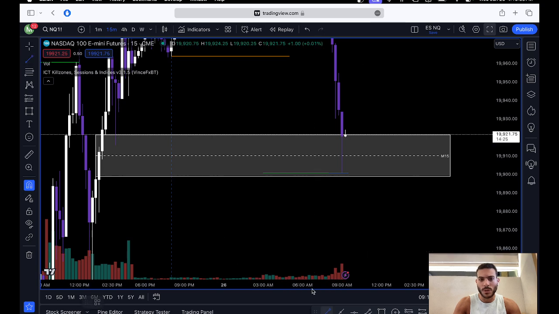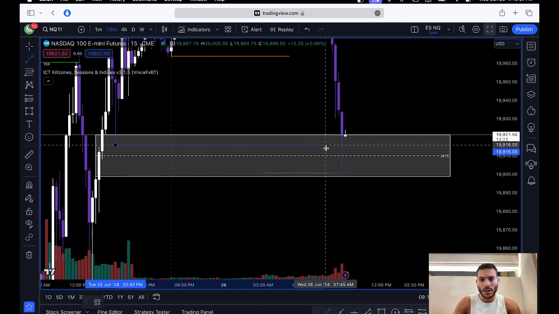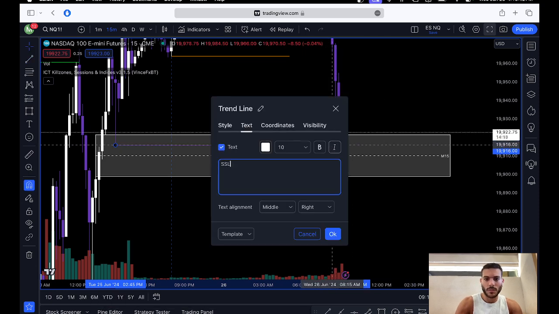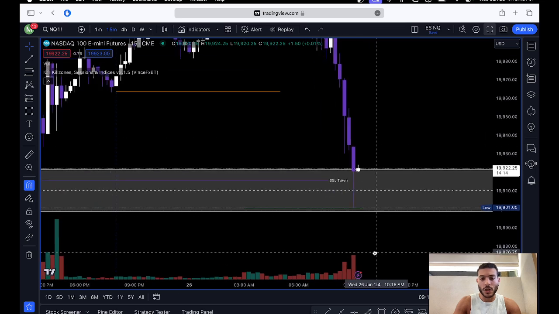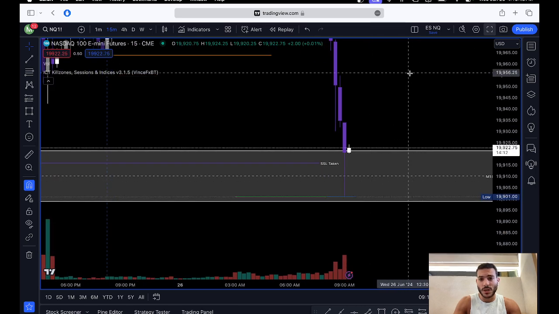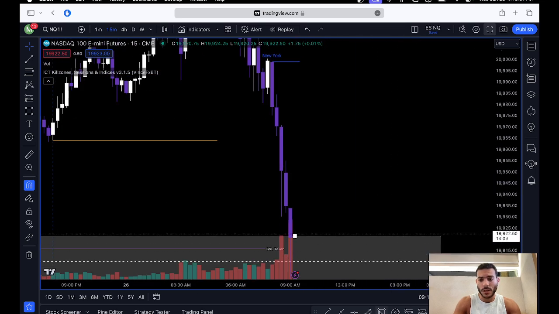We did sweep this sell side liquidity. All right, so that SSL is taken. So strong case to make here if we see some distribution to the upside.